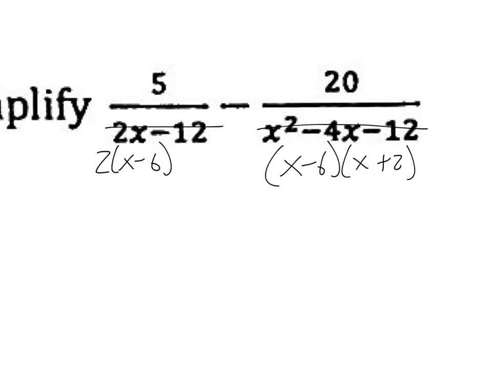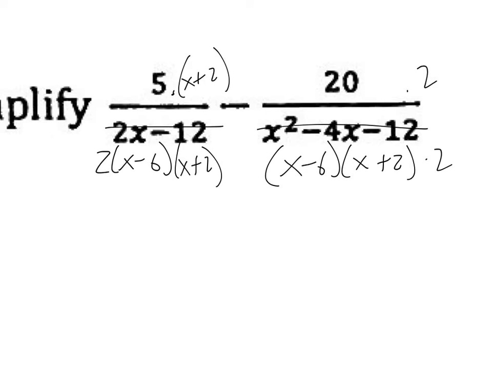Okay, so I look at what they need to have. They both have x minus 6. Good. The first one needs an x plus 2. I know it has a 2 here, but we're talking about factors. So I need it to have a whole factor of x plus 2. So I'm going to multiply by x plus 2, top and bottom. The second fraction needs a 2 in it. So times 2 over 2.